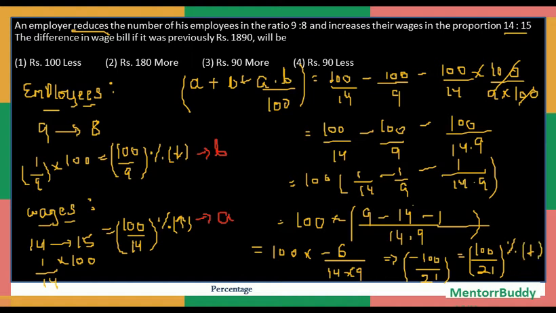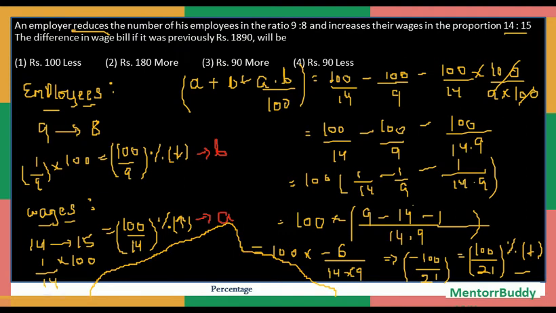Now we have to find the difference in the wages if previously it was 1890 rupees. Now in case of 1890 rupees, there's a decrement of another 100 by 21%. So by what percent the decrement had occurred here?